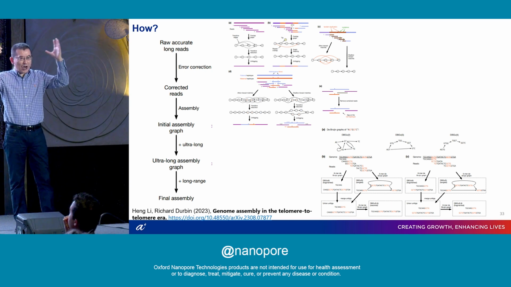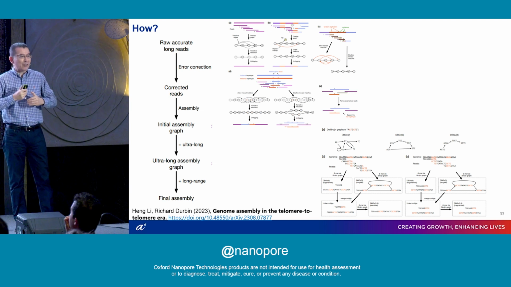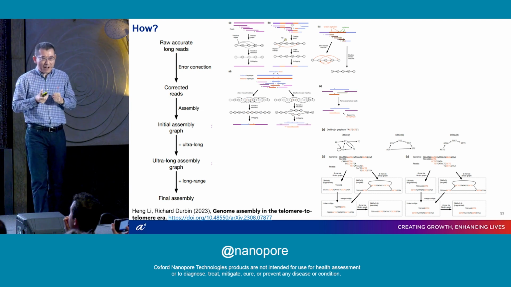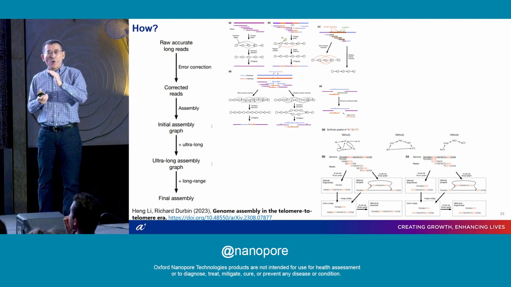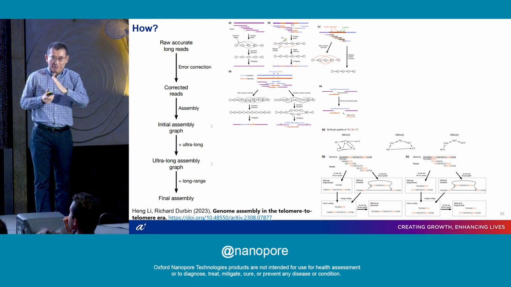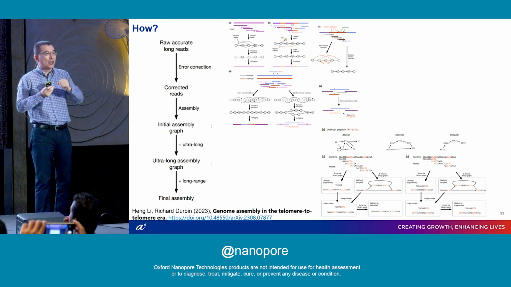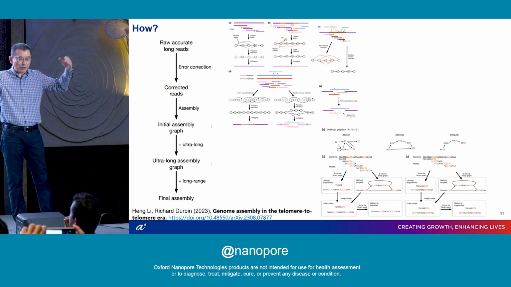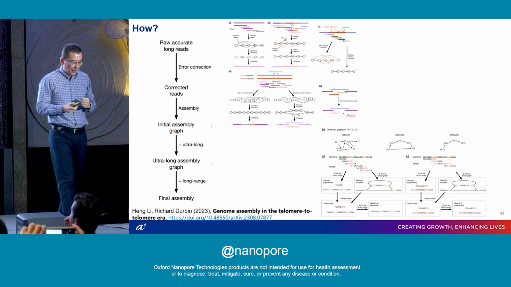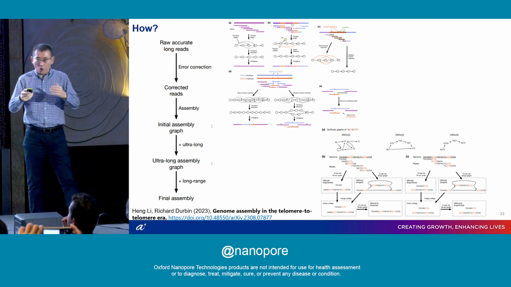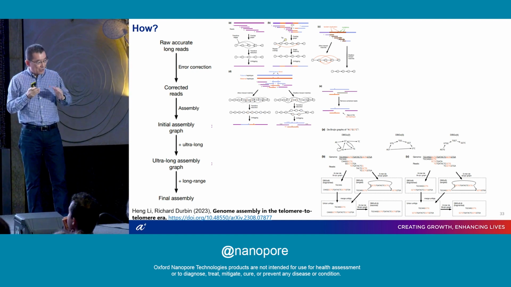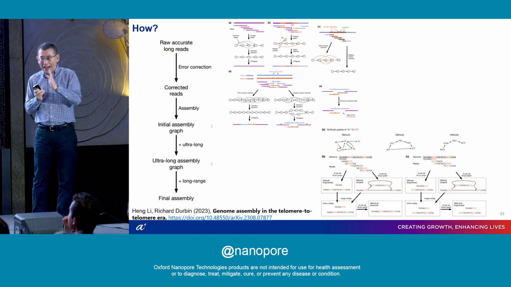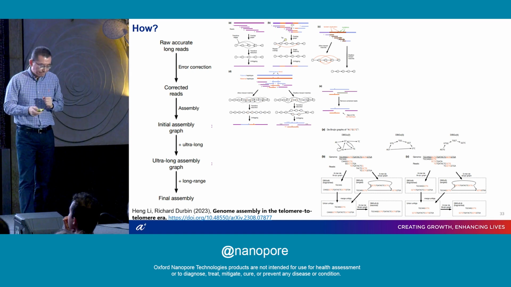Then you build this giant graph, and you need a mathematical way to find the path going through this graph that captures all the pairwise information, giving you the consensus genome sequence that reflects how all these reads overlap each other. The ultra long reads are very useful in finding this path along the graph.